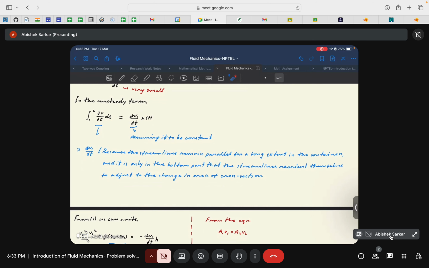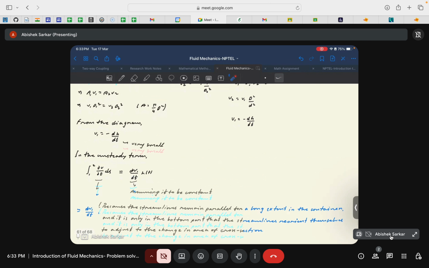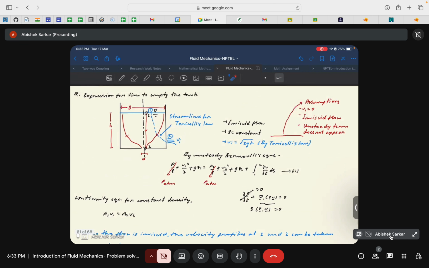But now if you go back to the diagram, even if the opening is here, we can easily consider a streamline from point 1 to point 2 to be of this shape, or this shape, or this shape. Or even if the opening was somewhere here, the streamline can be approximated as something like this.